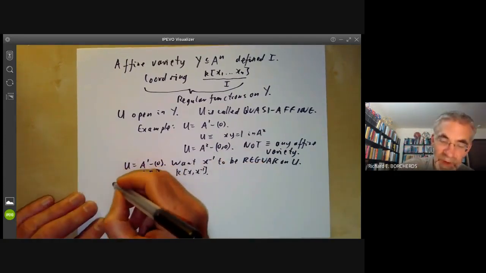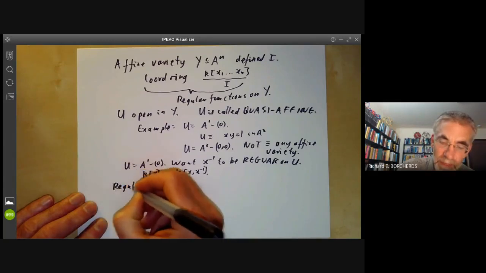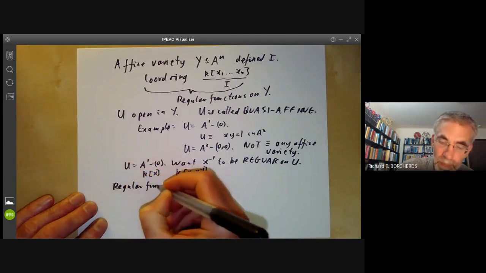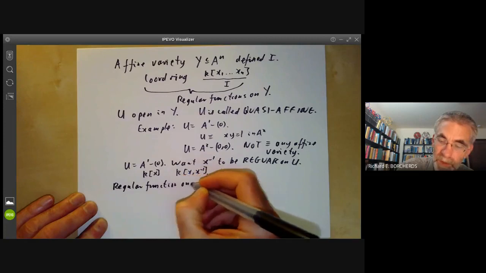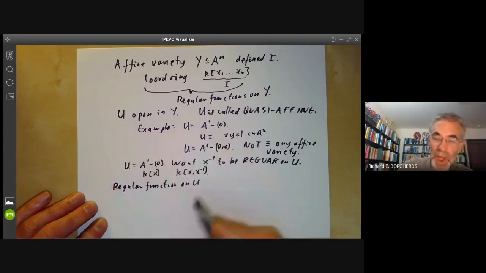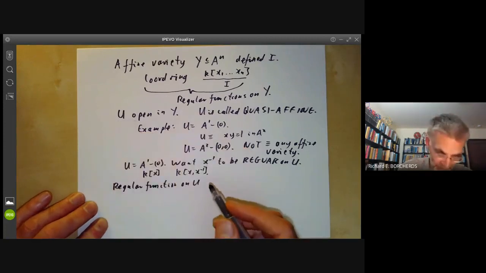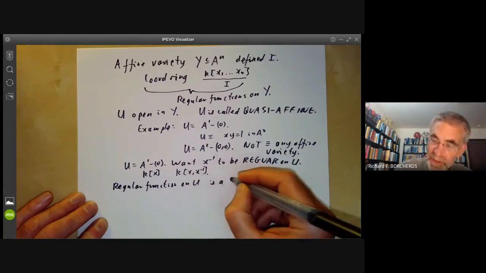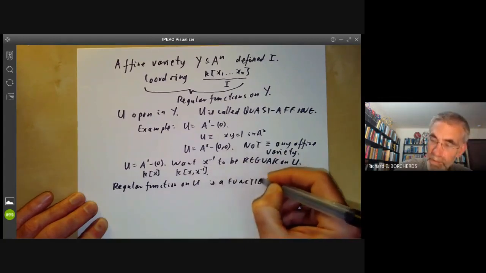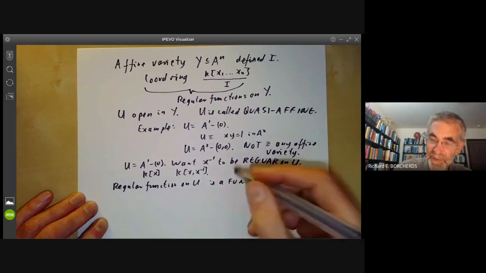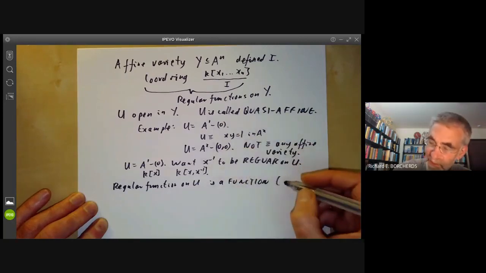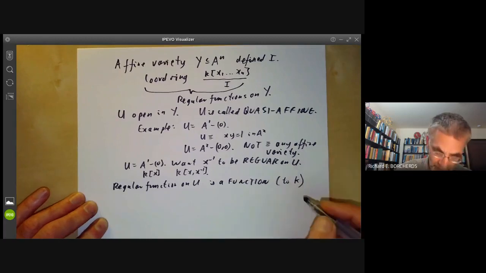So we define a regular function on U, where now we're taking U to be an open subset of an affine variety, to be a function. All functions for most of the rest of this lecture will be functions to the field K, by the way.